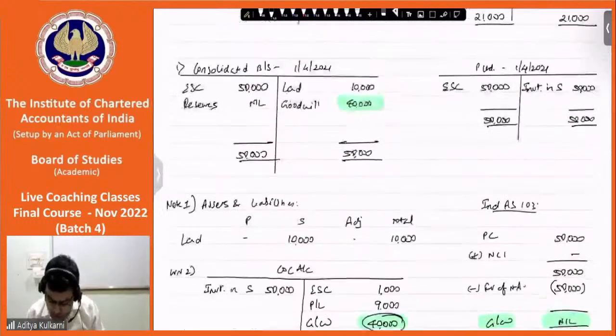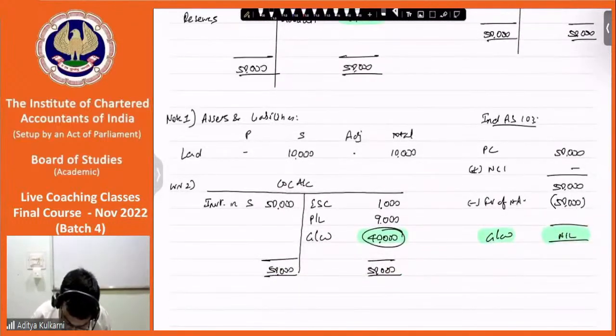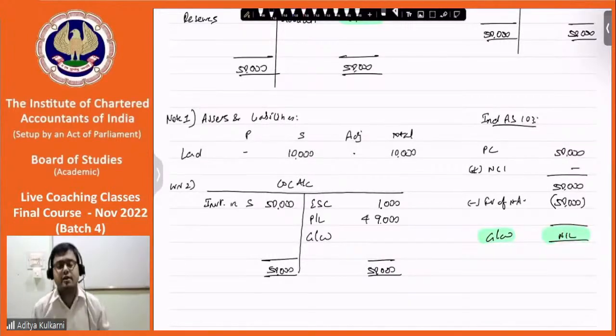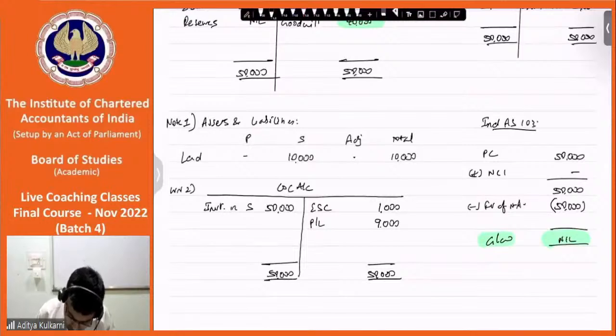So my cost of control account would look something like this. Pre-P&L would not be 9,000. It would be 49,000. Sir, if you take it in revaluation surplus, what is going to happen? In that case, my P&L would be 9,000 and I would have a pre-acquisition revaluation reserve of 40,000.